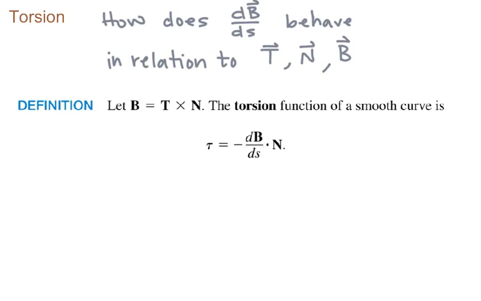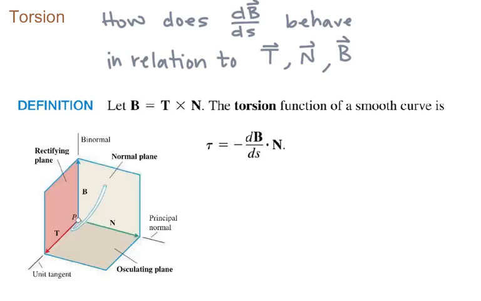Torsion can be positive, negative, or zero, unlike curvature, which is always a positive number. So visualizing the relationship between T, N, and B and the three planes that they form that create this cube, we've got a rectifying plane, an osculating plane, and a normal plane.